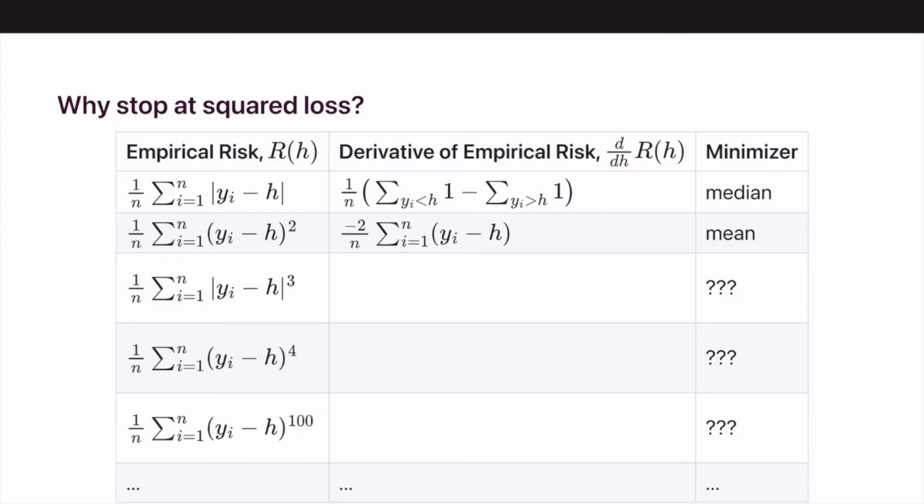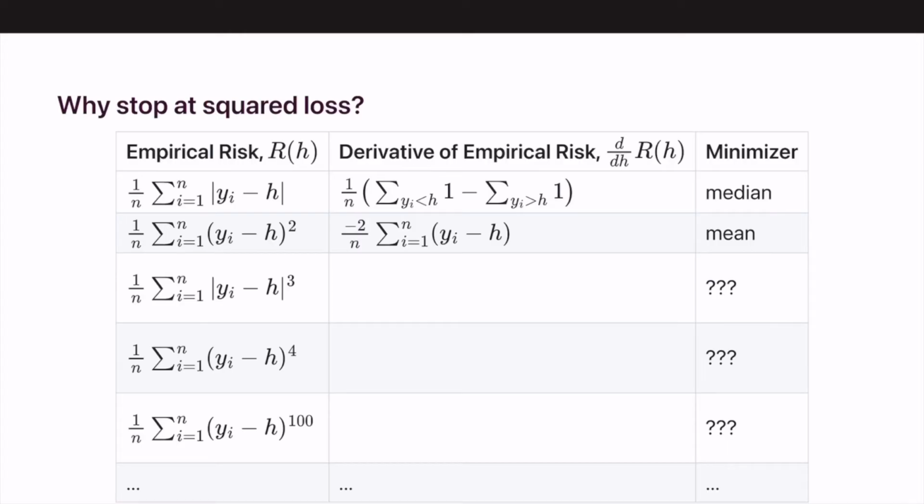And this is what we've been doing over the last several slides, last 2 lectures really. This is written in a little more general format, but it's similar to what we've been looking at: the number of yi less than h, we give it a 1, and when it's greater than h, we give it another 1, and then we can take those sums and set them equal to 0.